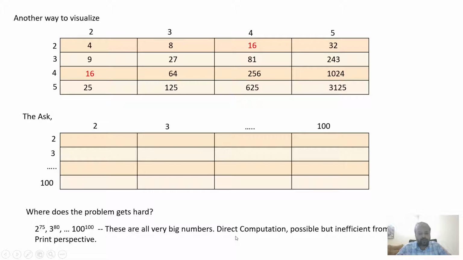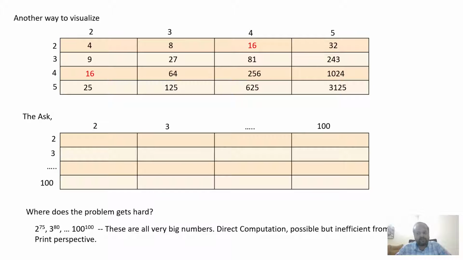So can you do a direct computation? You can't use a primitive data type like int or long, depending upon the programming language of your choice, because the computed values might fall outside the range of those primitives. But you can use other data types.